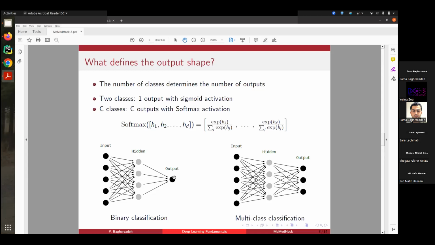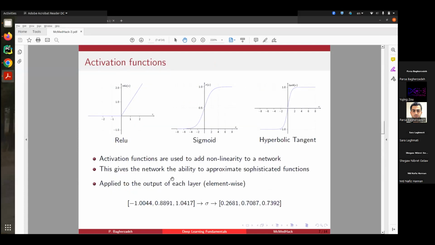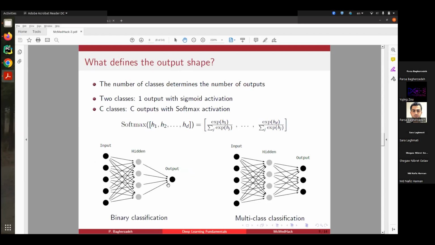Then whatever you have as an output, you pass through a sigmoid activation, which, as I mentioned, maps it between 0 and 1, right? So how can we decide which class corresponds to this sample? We can put a threshold at 0.5. If it is greater than or equal to 0.5, it is class 1. If it is below this value, it is class 0. So using only a single output, we can do binary classification.